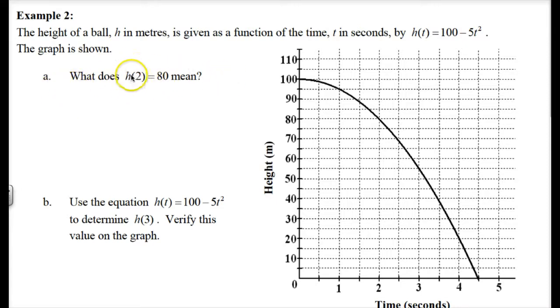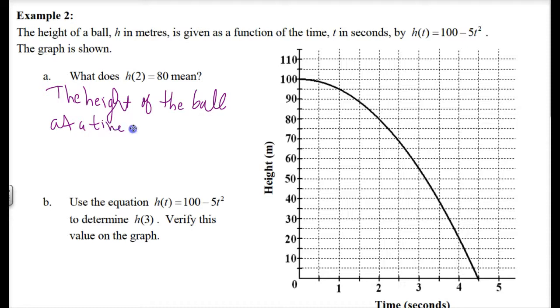Well, it means the height of the ball at a time of 2 seconds is 80 meters. Look on the graph here, you can see that at 2 seconds we have 80 meters.